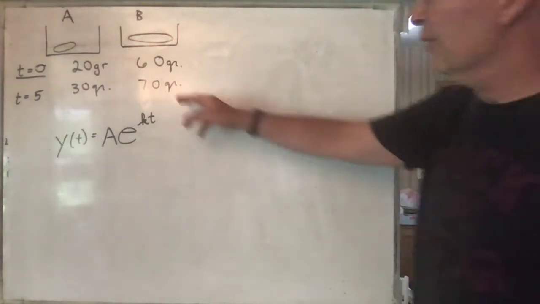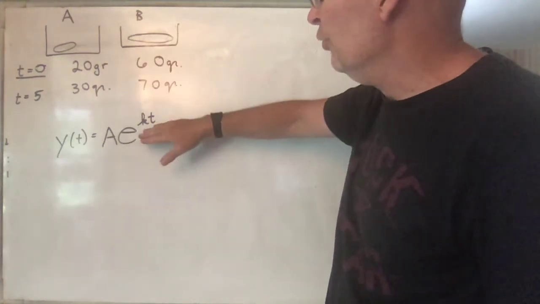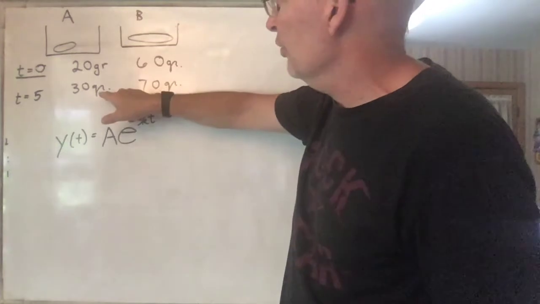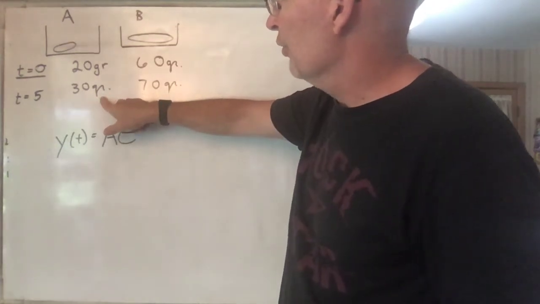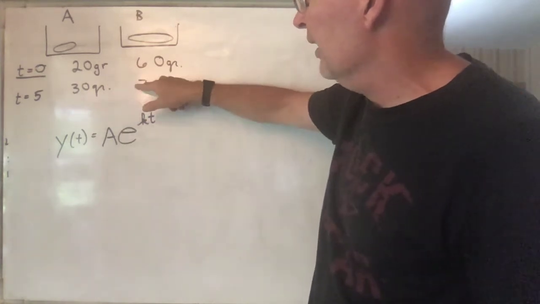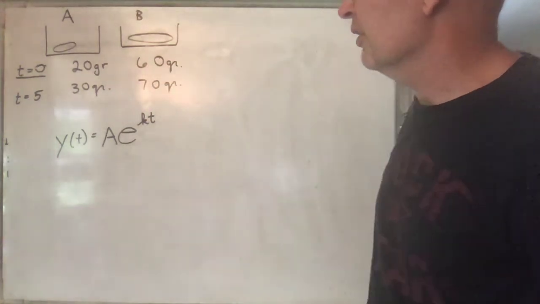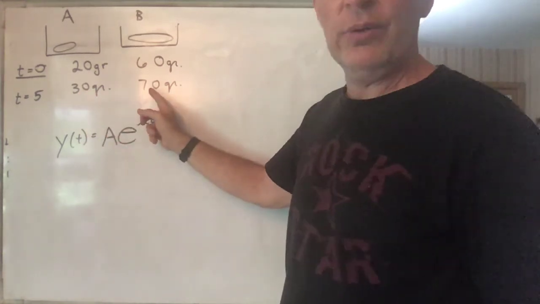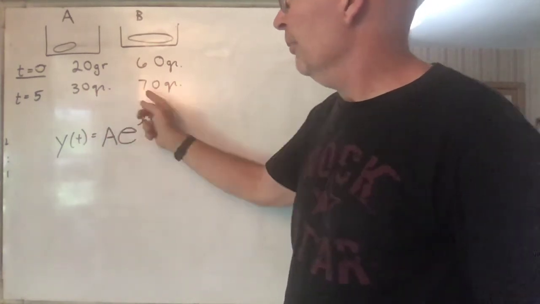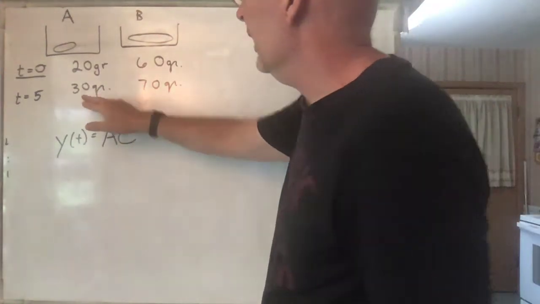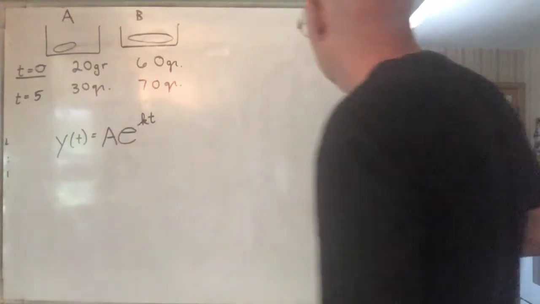So now each one of them is still exponential, but the rates are different. Which one is growing faster? Do you agree that this one is growing faster because this one added 50% and this only added about 15%? So at some point, this one is going to catch up with this one. Do you agree? And that's going to be the problem we're going to solve. We're going to find out when bacteria A catches up with bacteria B.